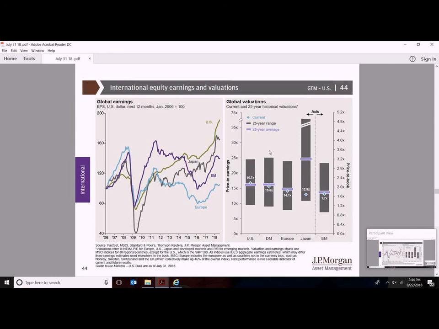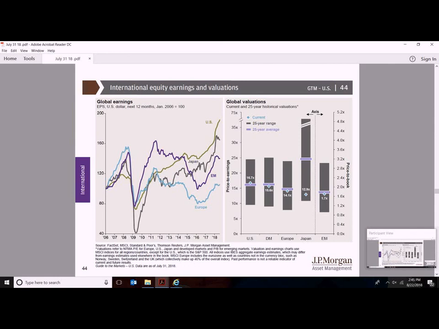So their valuations are very, very attractive, but we do have to keep in context that they're coming out of some difficult times, called the lost decade. If you're interested in doing some research on that, it's an interesting case study on a country that went from really, really good times to tough times for over a decade.